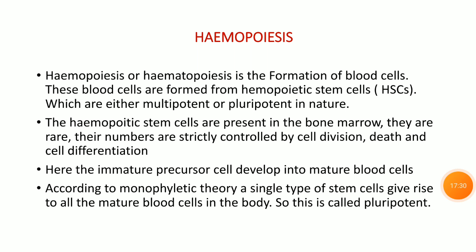Then the next topic is hemopoiesis. Hemopoiesis or hematopoiesis is the formation of blood cells. Some examples of hemopoietic organs are bone marrow, thymus, lymph nodes, lymph follicles, spleen, liver, etc. The blood cells are formed from hemopoietic stem cells, that is HSCs, which are either multipotent or pluripotent in nature.